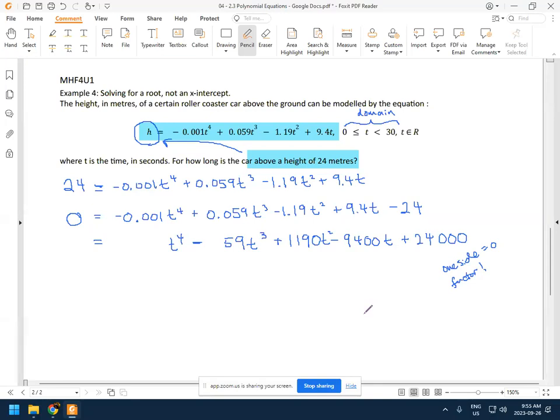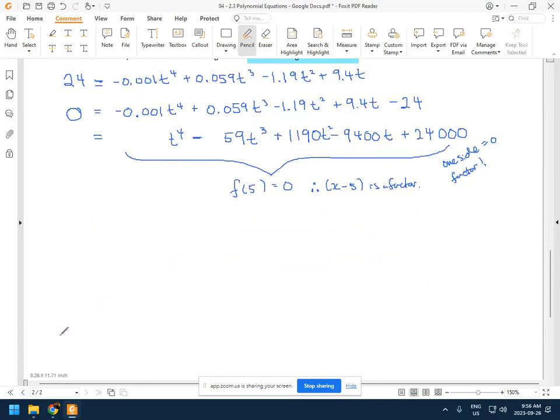Let's try 5. Okay? I'll tell you right now, for the sake of time and your sanity, when you plug in a positive 5 equals a 0, therefore t minus 5 is a factor. Okay? I'm just going to give that to you. What I'd like you to do, though, is do what we did in example 3. Please use synthetic or long division. Tell me what the next factor form is.